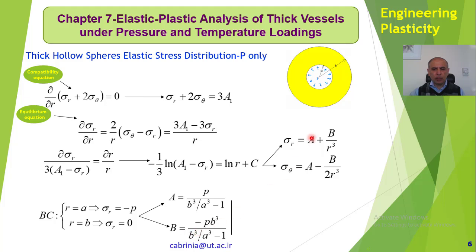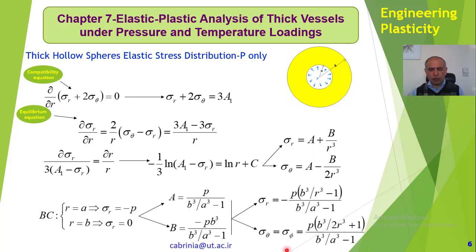We could put them in here, and sigma r and sigma theta or sigma phi, doesn't matter, they are the same, are determined. Therefore, the elastic stress distribution are these: sigma r, sigma theta, and sigma phi for the thick hollow sphere under internal pressure.